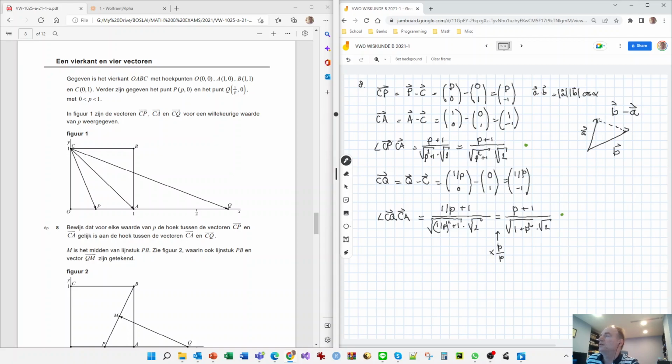So here the inner product is just the x component plus the y components multiplied. So you get P times 1 plus minus 1 times minus 1 is P plus 1. The magnitude of this vector P minus 1 is the square root of P squared plus 1, and the magnitude of this vector, of course, is the square root of 2.